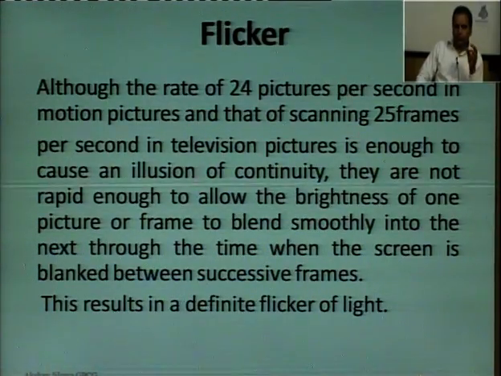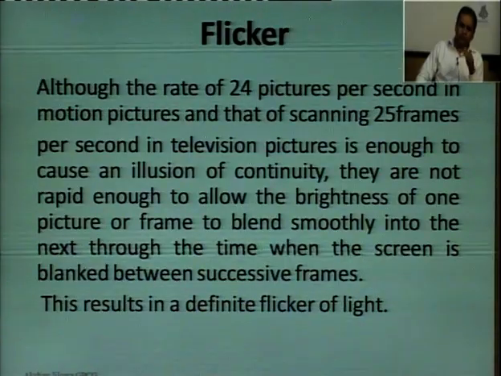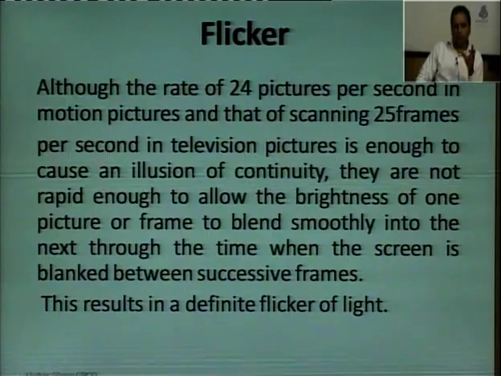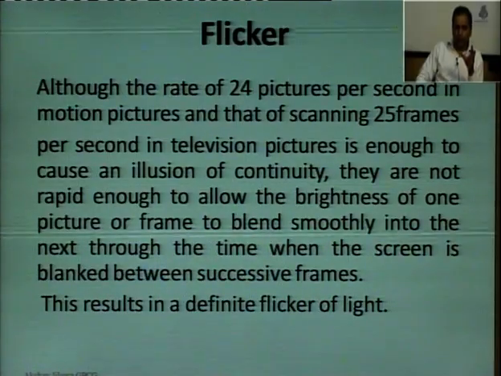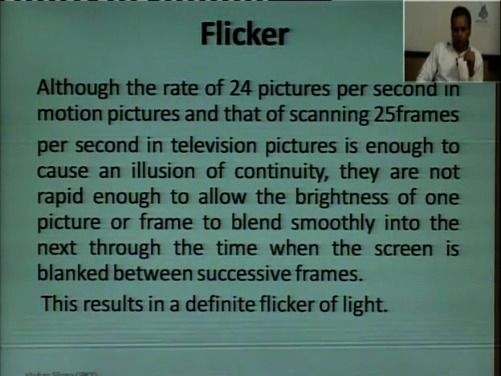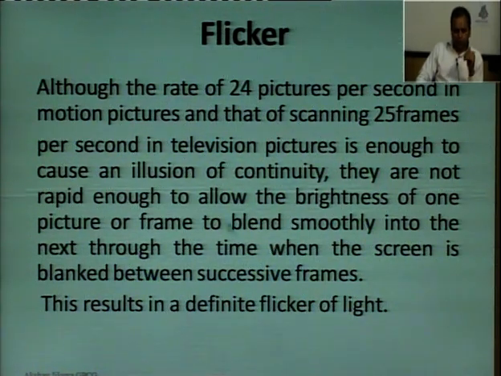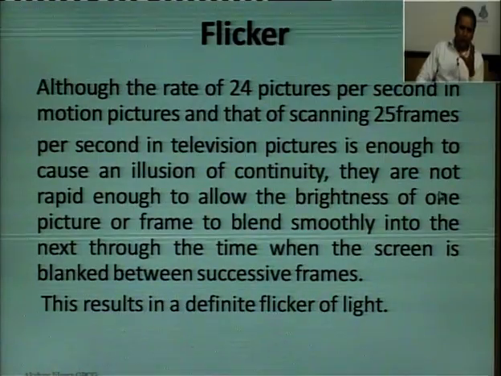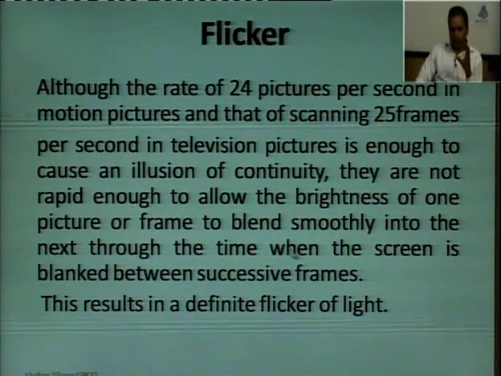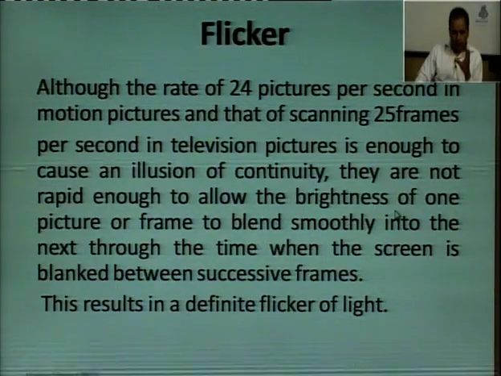So, if a picture is removed and a similar picture is replaced before that interval, that may cause an illusion of continuity, as if the picture has moved to its new location. This process is called illusion of continuity. That limitation of the human eye is exploited to cause an illusion of continuity.